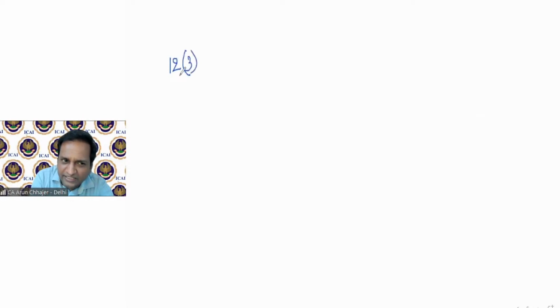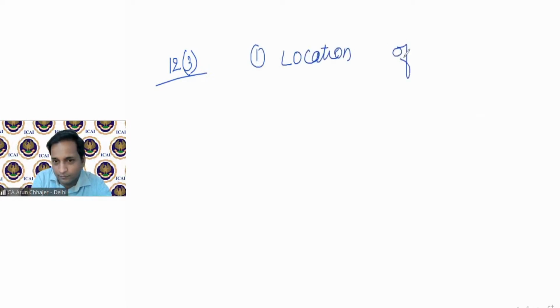Section 12 subsection 3, you all know, says the location of the property would be the place of supply. Correct? And there is one more proviso, which talks about if the property is outside India.